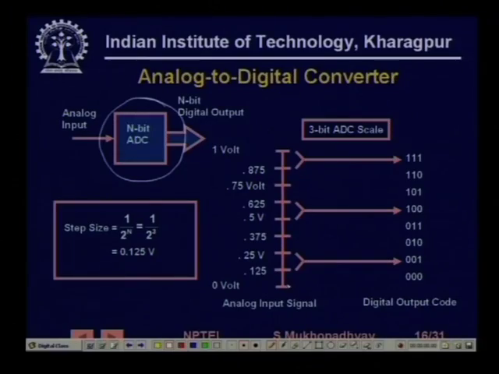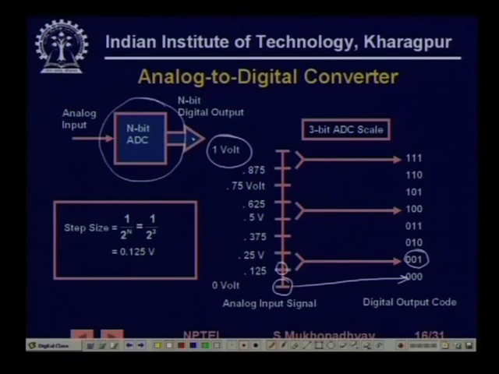You see that the number 0 corresponds to 0 volts and the number 1 corresponds to 0.125 volt. Every ADC has what is called an analog reference voltage which decides its dynamic range, as I was talking about. Hypothetically, suppose the dynamic range is 1 volt; generally it is 10 volts, which is a very typical figure.